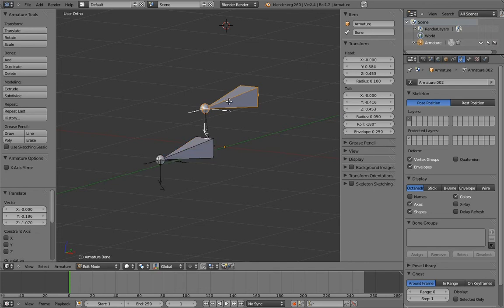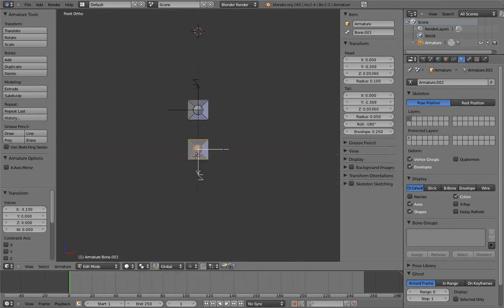Select the bone, and press Ctrl-R to roll the bone in edit mode. You can also change a bone's roll in the end panel here. By positioning the endpoints of bones and setting the roll, you have complete, full freedom to place the bones however you want.